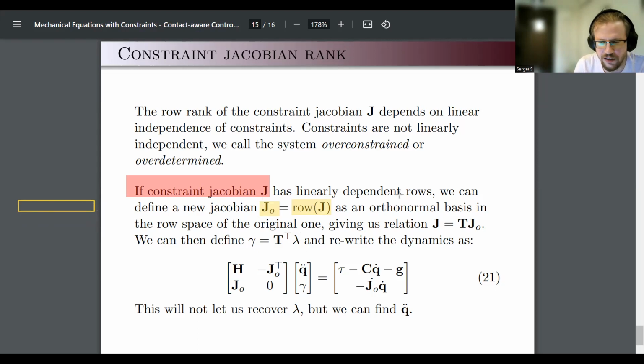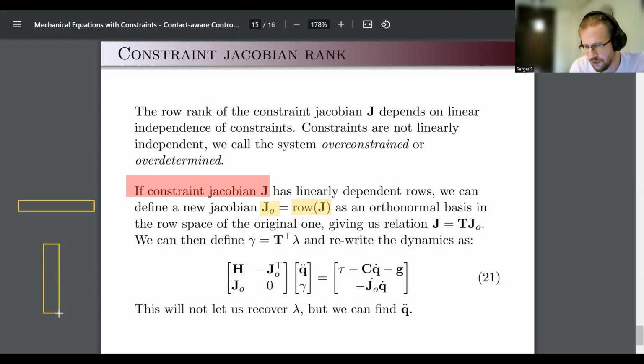What is the row space? Unclear. All right. Let me transpose it, and now you have here J transpose. Now, you can think of the column space of this matrix. What is the column space of this matrix? Well, the span of the columns of this matrix, the smallest dimensional linear space in which all those columns would fit.